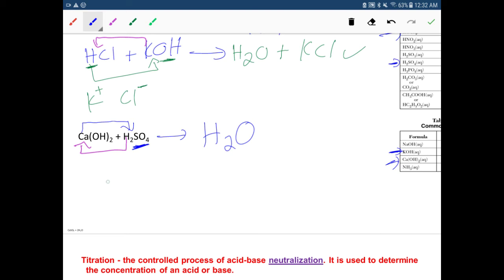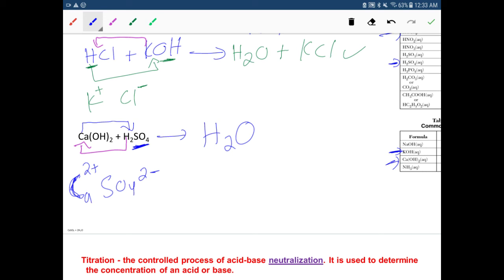If you look at table E, you're going to find SO4, and it has a charge of 2 minus. So this is going to be the anion, and the cation to form the salt or the ionic compound is going to be Ca, because Ca replaces the H2. Calcium ion has a charge of 2 plus because it's a group 2 element.